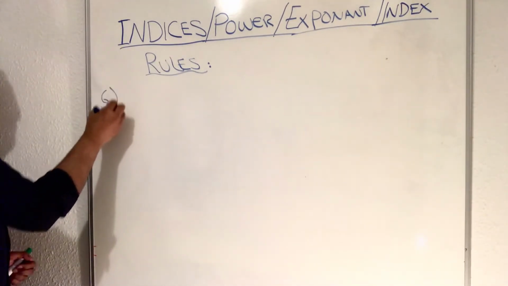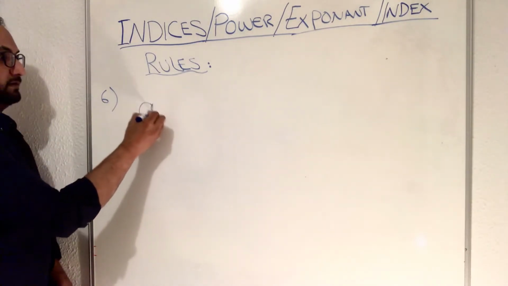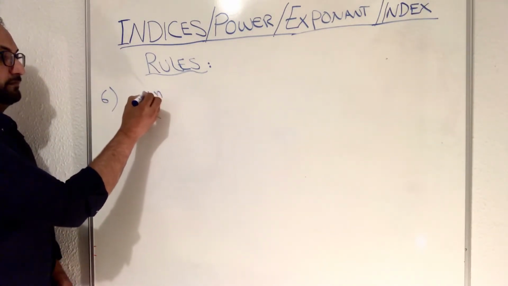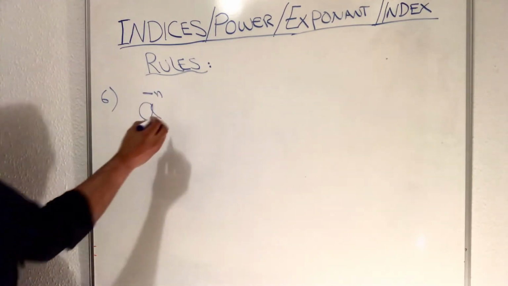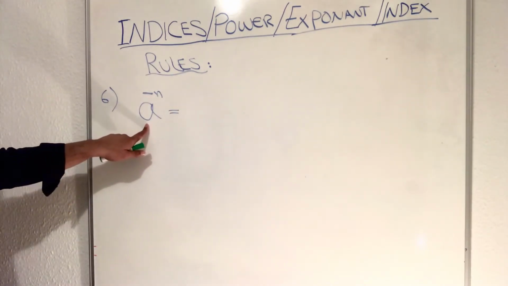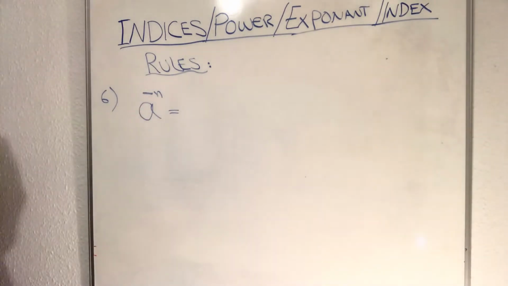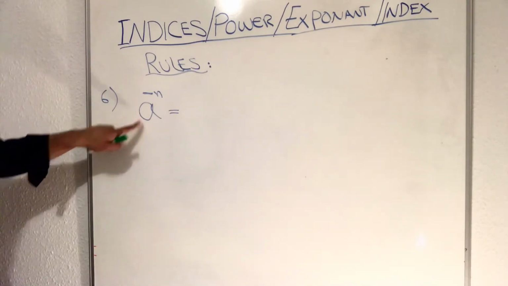The sixth one: if any value has a negative power, how do we convert that power into a positive? We can change the sign and then take the value into the denominator.